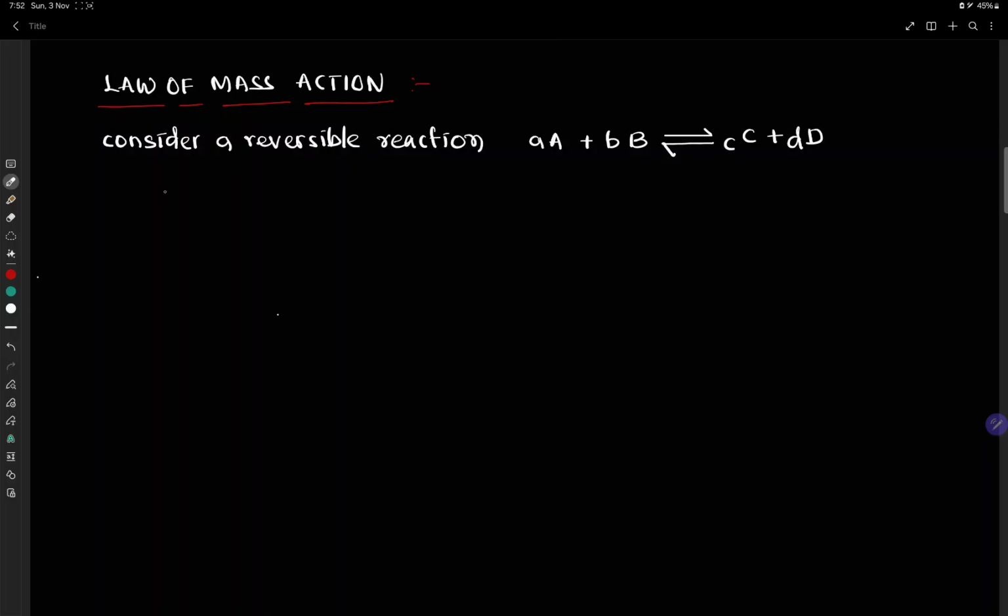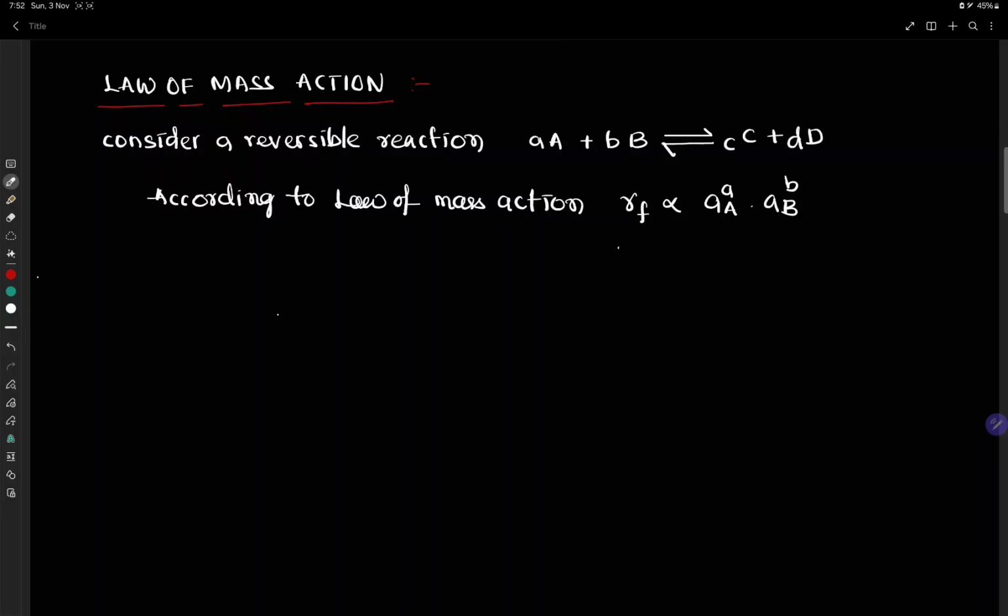Now according to the law of mass action, the rate of forward reaction RF is directly proportional to the active mass of A and the active mass of B, reactant B, with number of moles raised to its power.